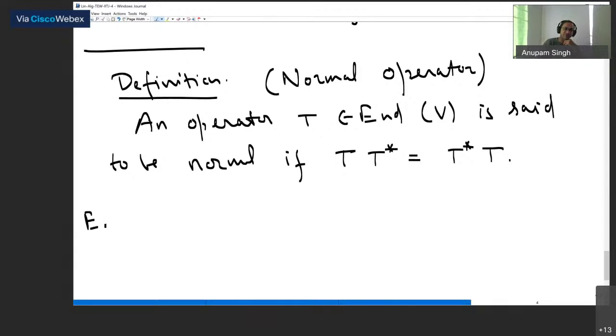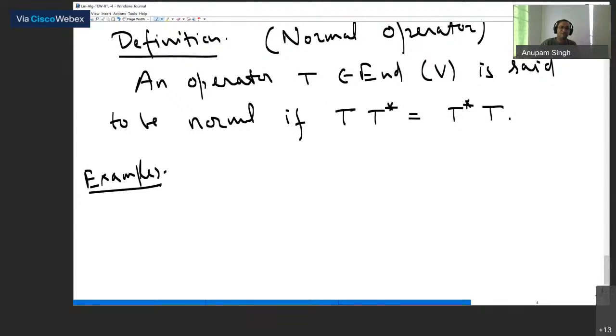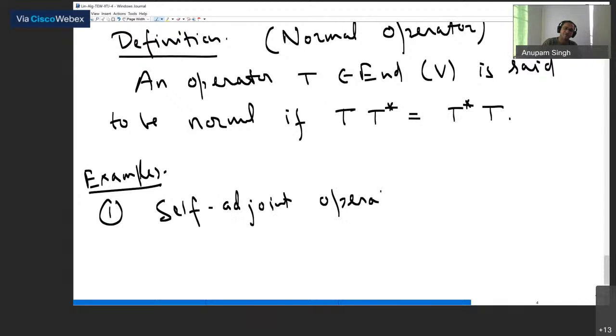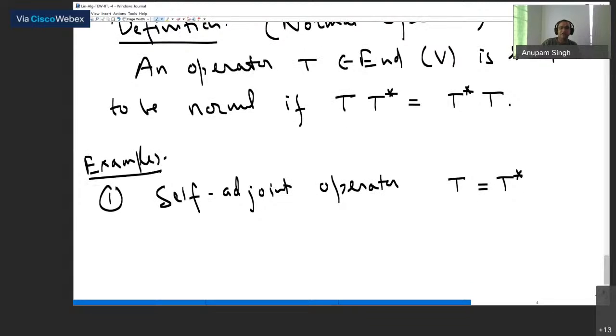So let's write down examples of normal operators. That is where normal operators are usually applied, in some sense. The first example is what we call a self-adjoint operator. A self-adjoint operator is one for which T is equal to T star. You can easily check that if T is equal to T star, it will satisfy T star T is T T star.